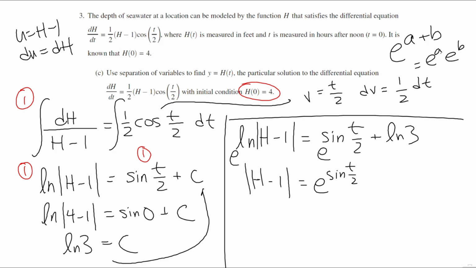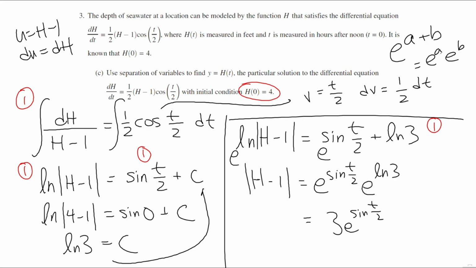So I'm going to say this is e to the sine t over 2 times e to the natural log of 3, which allows me to rewrite this as 3e to the sine of t over 2. Oh, sorry, I forgot to mention, this is our fourth point right here for plugging it back in with the constant.